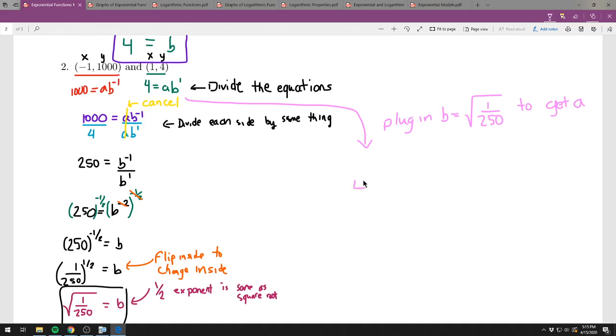So we got 4 equals a, which is our unknown, times b, which is the square root of 1 over 250. Now to get a by itself, you would divide by the square root of 1 over 250, or even easier, multiply each side by the square root of 250.